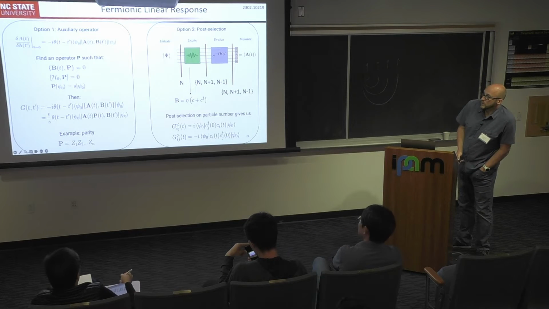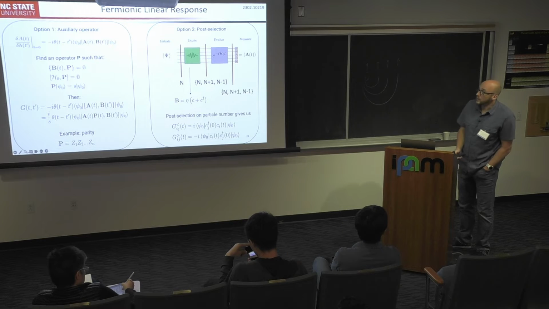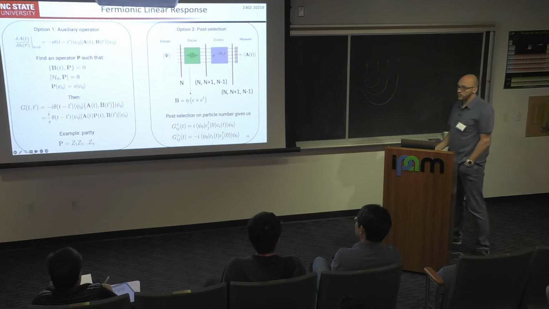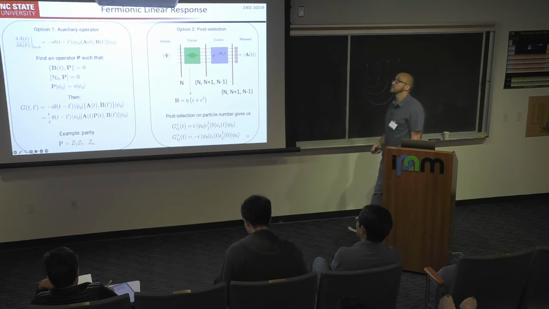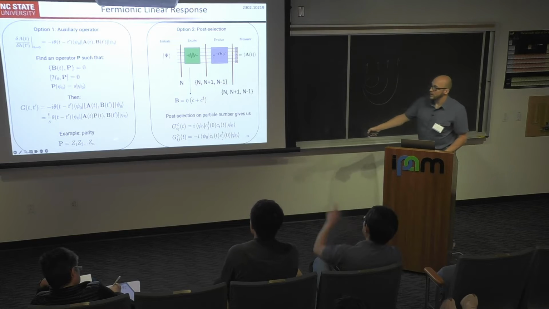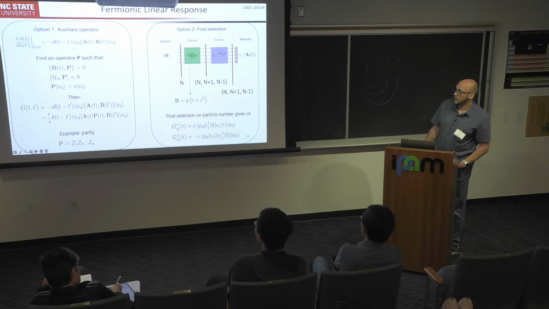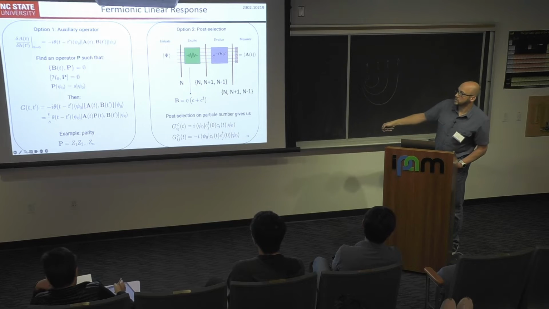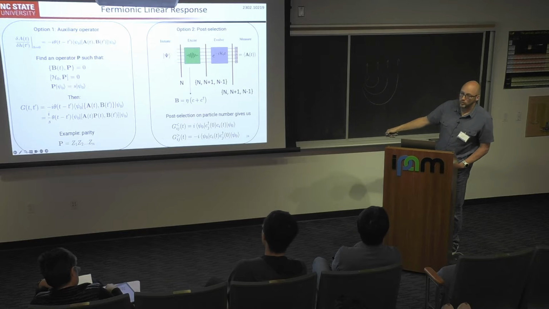On the left, if it conserves particle number, this will also work. And so both of these work for Hamiltonians that conserve particle number. Or sorry, it doesn't have to be particle number, it has to be parity. Parity is actually less strong than particle number conservation.